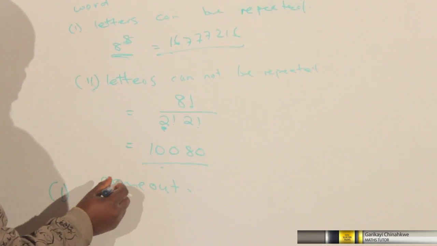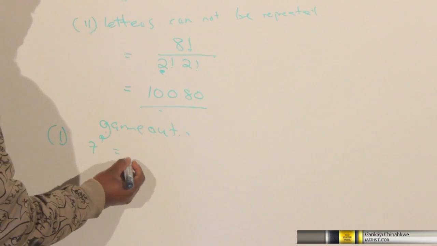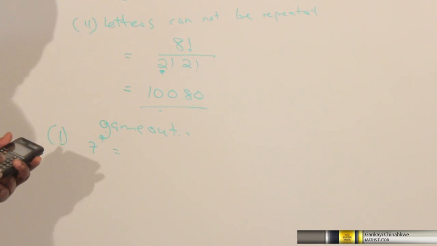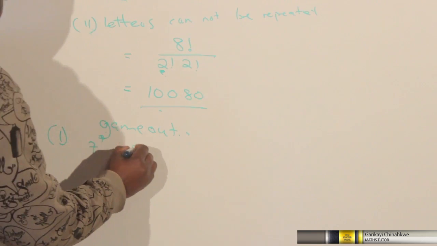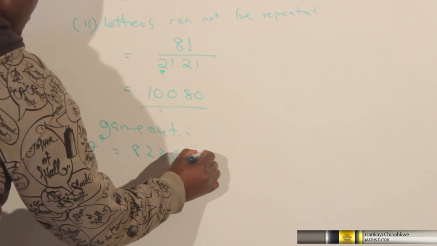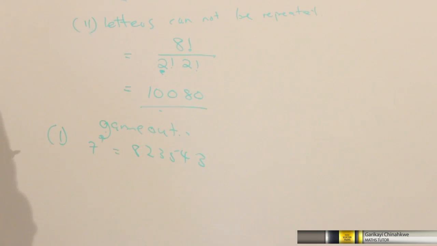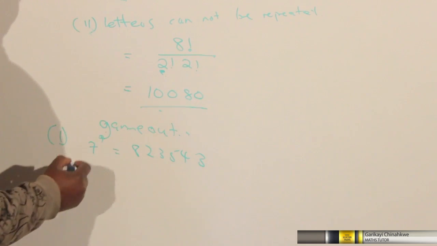You can see that 1, 2, 3, 4, 5, 6, 7. 7 to the power of 7. Then you get 823543. Okay, that's 7 to the power of 7 if letters can be repeated.